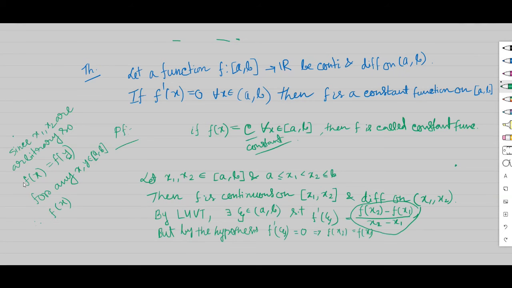That means the image of each point in the closed interval a comma b is actually the same. So f(x) is equal to a constant k.